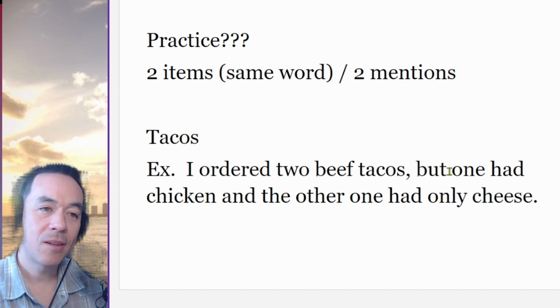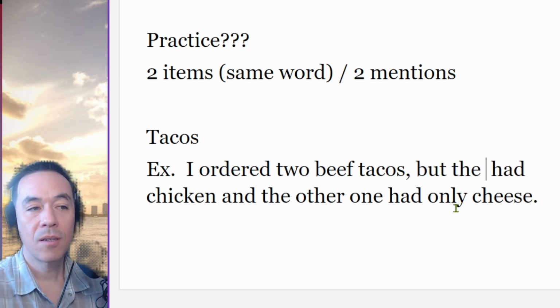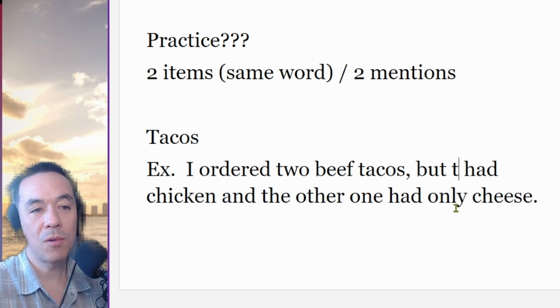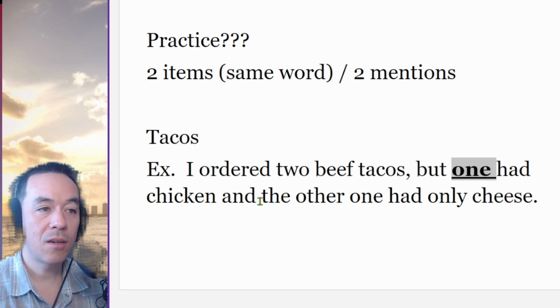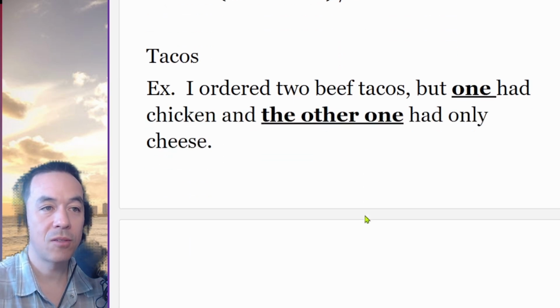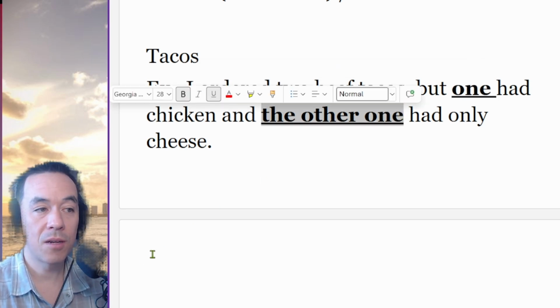Okay, so now I'm reading, why do we do that? But one. We just say one. That's what we say, one had chicken, the other one had cheese. Even I'm surprising myself that this is what we do. First is one, and second we say the other one.